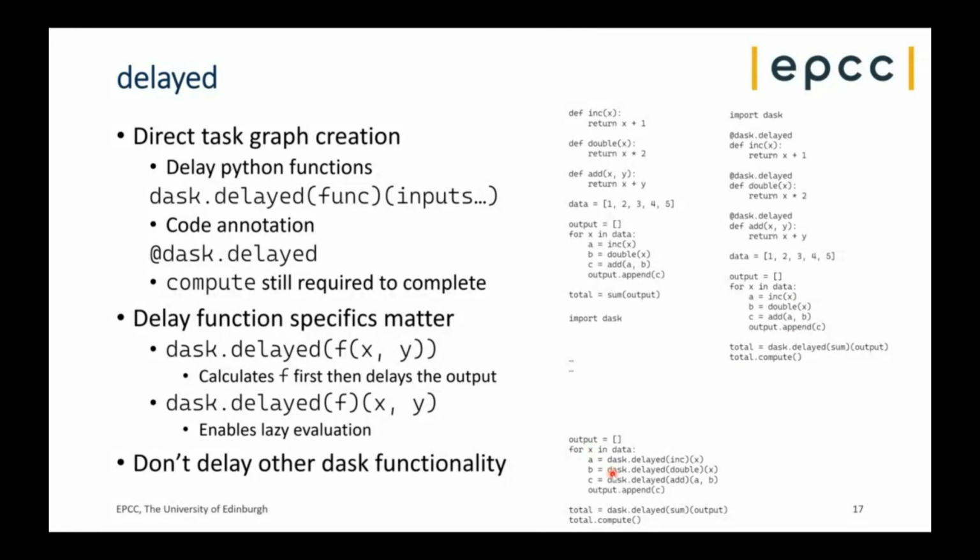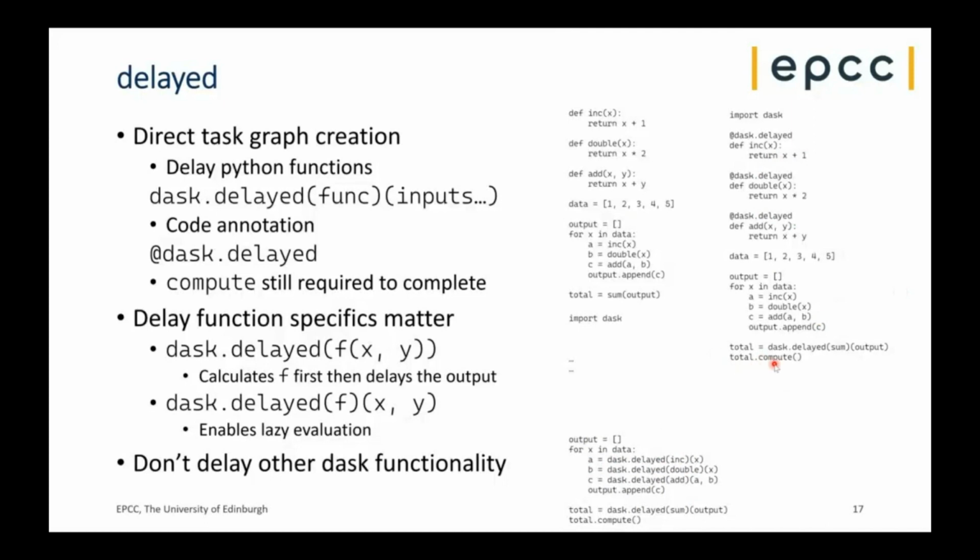And you can do the same over here actually. So you don't have to decorate each function. You can just turn a non-decorated function into a delayed function by calling this dask.delayed down here as well. So you don't have to make all versions of your function tasks that are running in parallel. You can just do it in the places you want to do that.